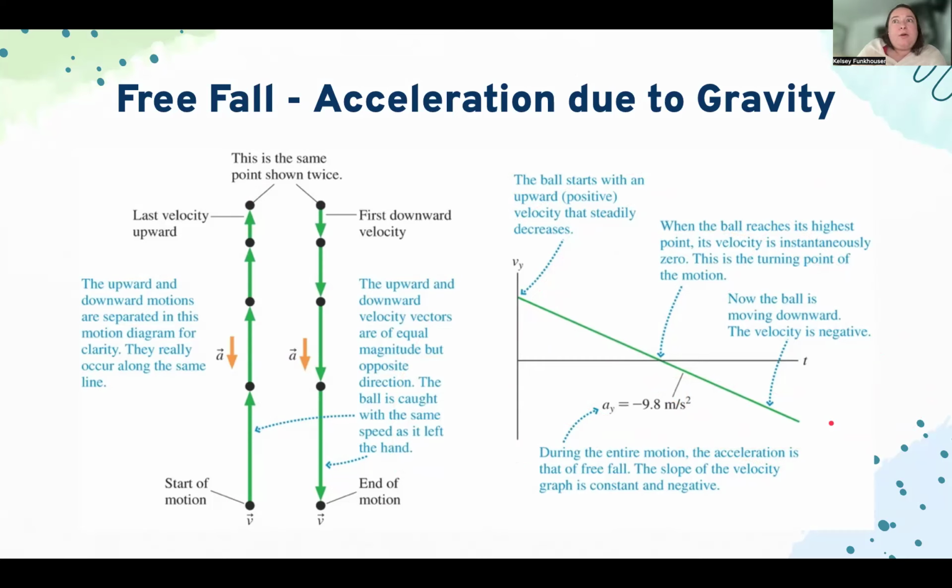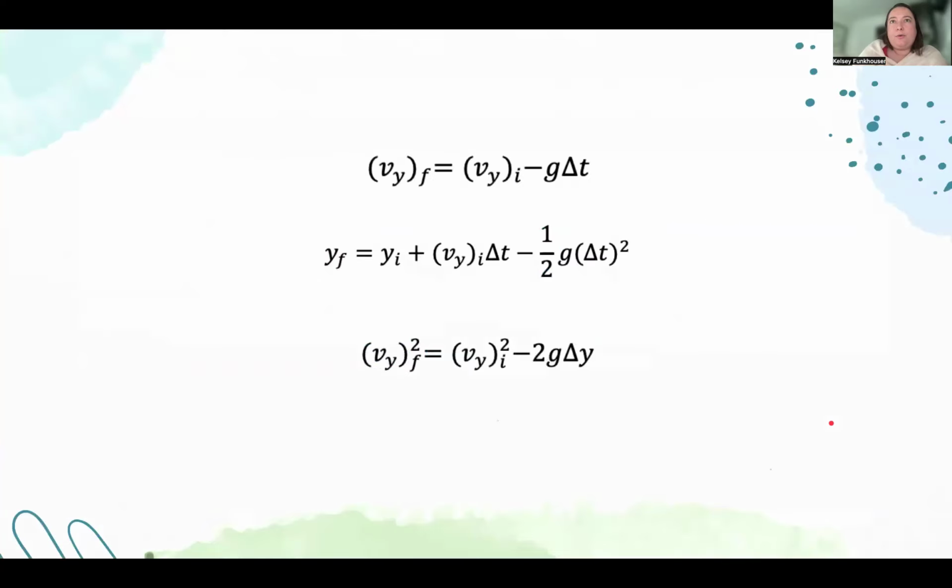So we can now put this value for the acceleration into our equations from before. We dropped off that first equation because remember that's for constant velocity, as in no acceleration. And we know we have acceleration in this case. So like I said, it's represented by little g. And all we did here is instead of the a sub y that was in these spots, we just put negative g instead.